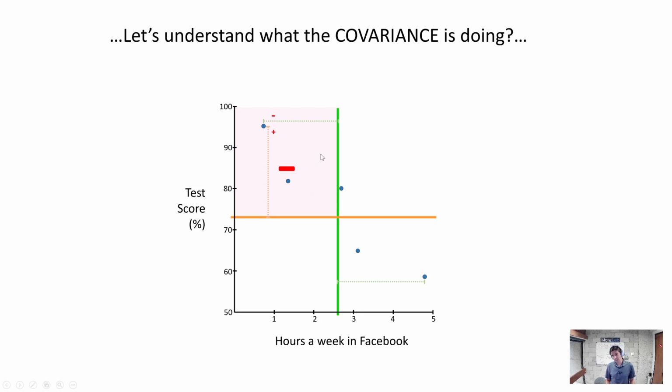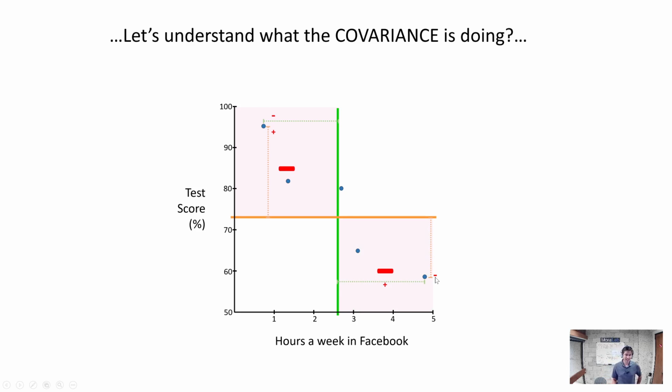Let's look at the opposite case, right? In this case, this student is located to the right on the x-axis. As a result, the difference will be positive, right? But it's located below the mean on the y-axis. As a result, the difference will be negative. So again, if we add these differences into the covariance, positive times negative will give you negative.